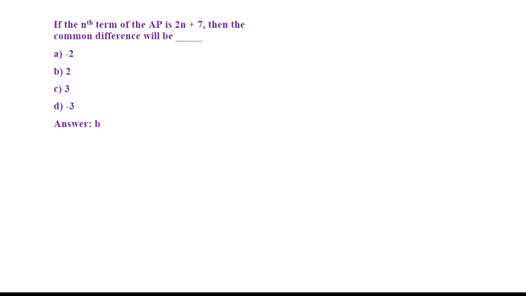But there is a generalized formula which is given to us. Nth term is given to us. So what I can do is, can I find the first term A1? Yes, I can find, because the value of n is 1. So it is 2 into 1 plus 7. Right? So how much do I get? 2 into 1 is 2, plus 7 is 9.